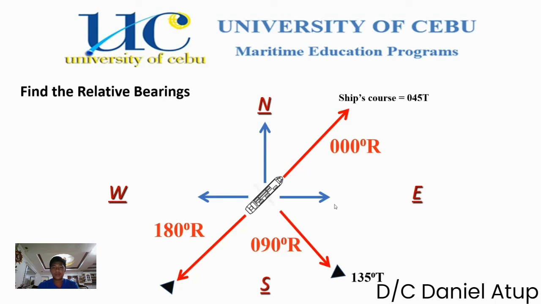To get the 135 degrees true bearing, we add the relative bearing and the ship course. So 090 degrees plus the ship course, which is 045 degrees, the answer is 135 degrees true. That's how we find the relative bearing, then convert it to the true bearing.